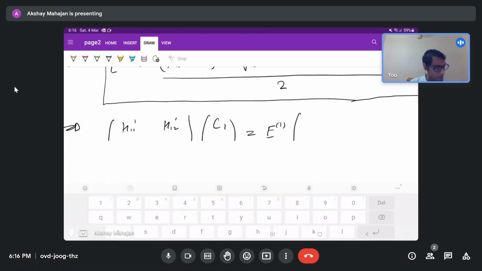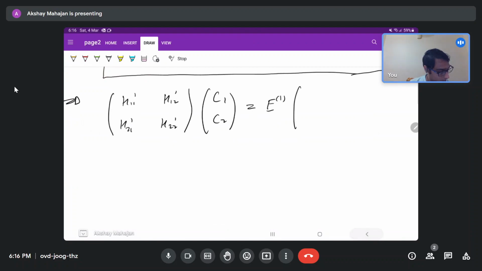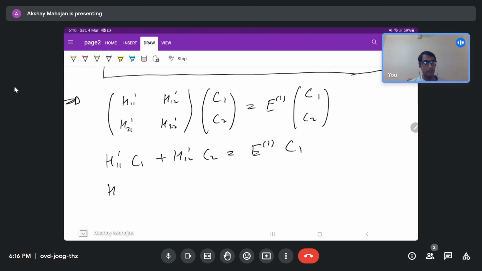So we will take these eigenvalues, and we will have this like C1 C2. So we will have this kind of equation like H11 prime times C1 plus H12 prime times C2 equals whatever your variable is, and using these two equations, H21 prime times C1 plus H22 prime C2 equals E1 times C2.